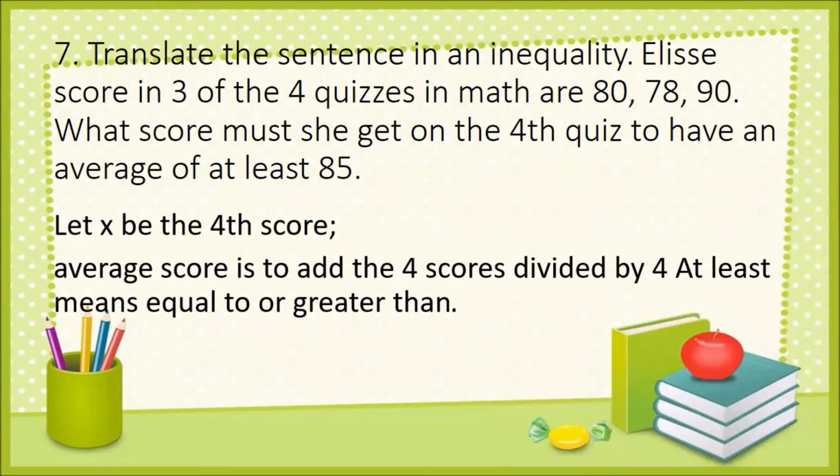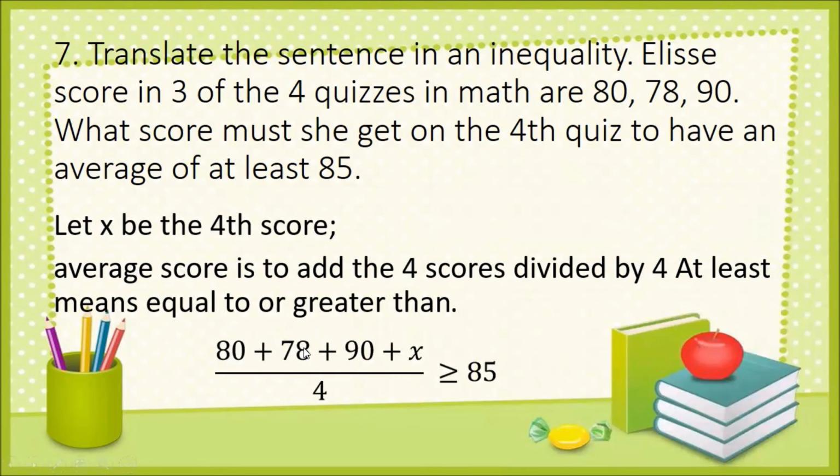At least means equal to or greater than. So 80 plus 78 plus 90 plus x all over 4 greater than or equal to 85. So iyan yung pagta-translate ng sentence sa number 7 example.